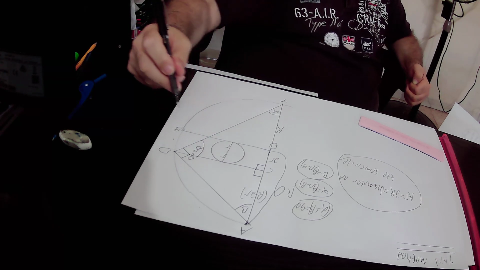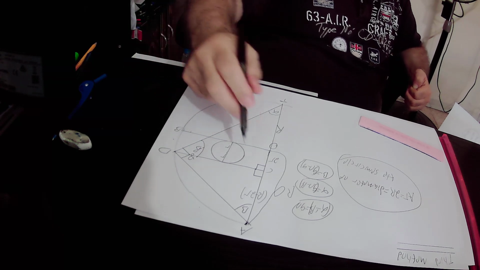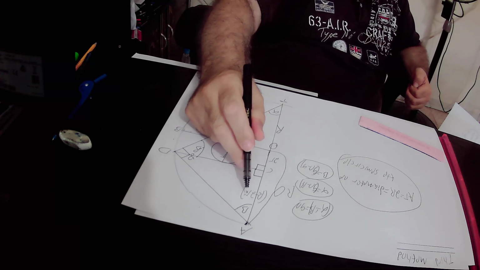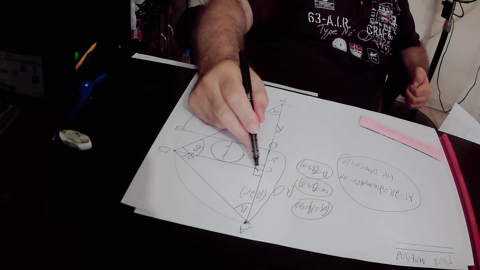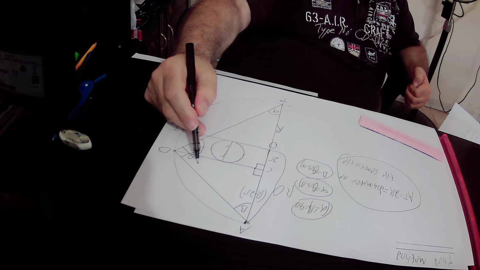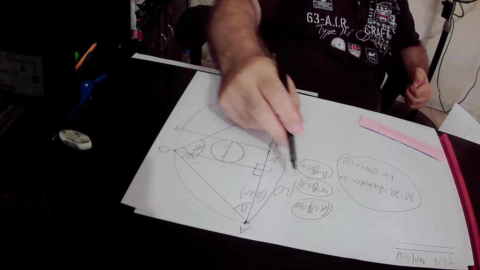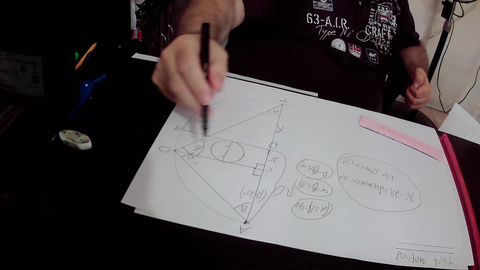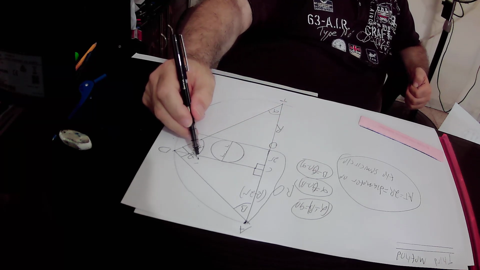Likewise, we'll focus on the right triangle, triangle ACD. In the right triangle ACD, this angle equals beta. This angle equals 90 degrees, therefore this angle must be equal to 90 degrees minus beta. But we already found out that 90 degrees minus beta equals alpha. So we'll substitute 90 degrees minus beta here by alpha.